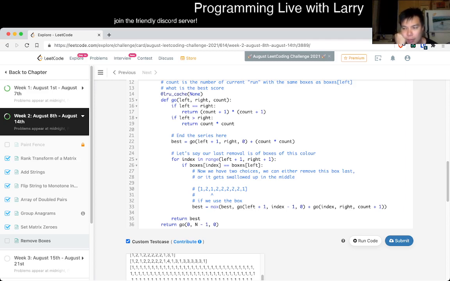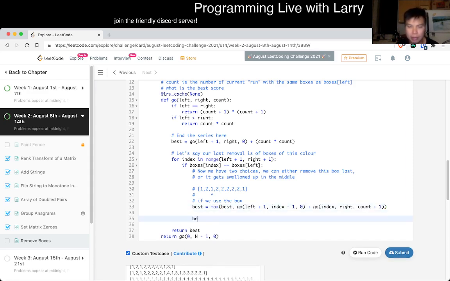Well, then we continue to find the next point. But I'm trying to think whether I can think about this in terms of, like, if we do use it, then what does it look like?